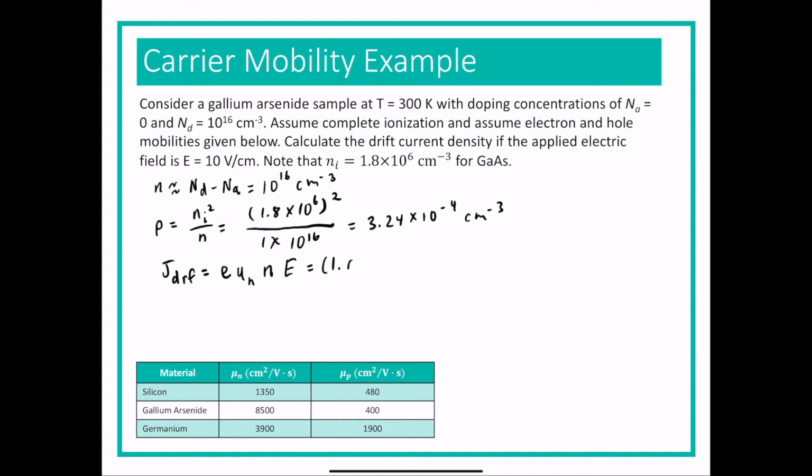So I get 1.6 times 10 to the minus 19 times the mobility, and for gallium arsenide, we find it right there. So we take 8,500 for that value, and then we take 10 to the 16 for the number of electrons, and 10 for the value of electric field strength. And we get 136 amps per square centimeter, which seems like a lot.